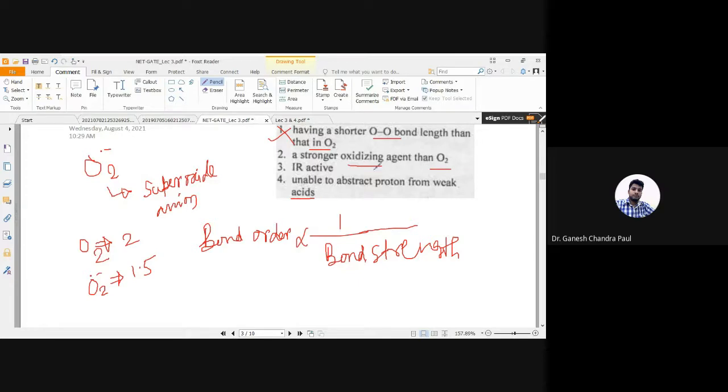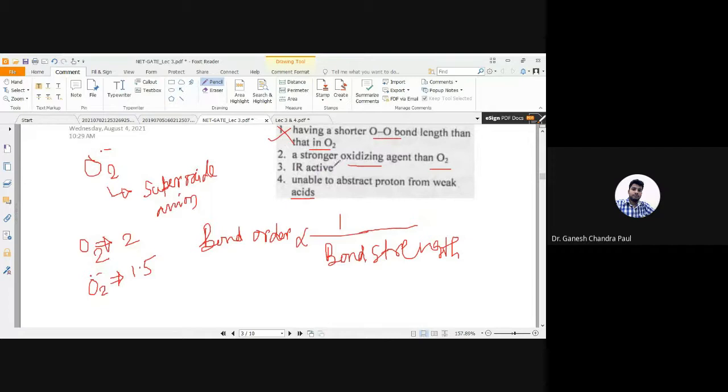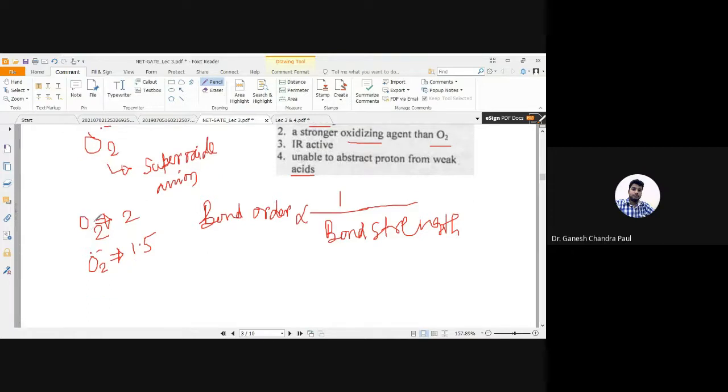Now if you look at O2 dot minus, it has an electron-rich center, so it can easily donate its electron to oxidize others, meaning it gets reduced itself.